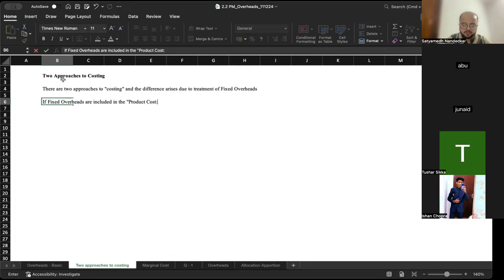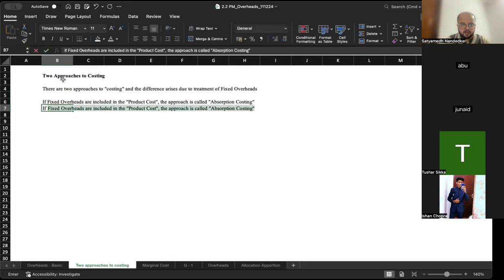If fixed overheads are included in the product cost, the approach is called absorption costing.